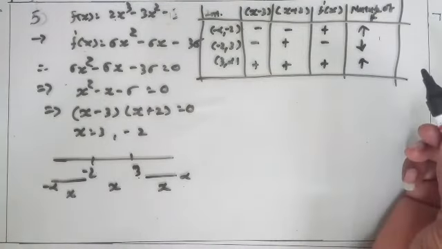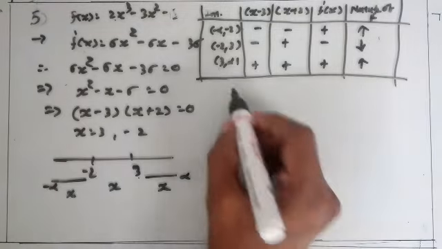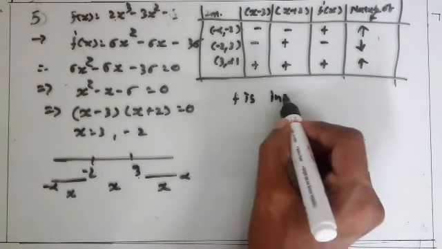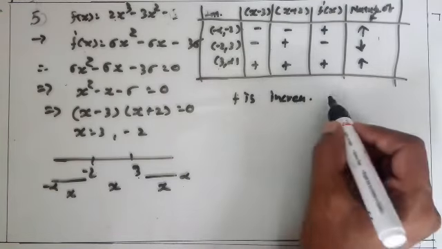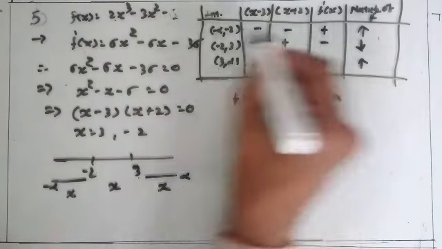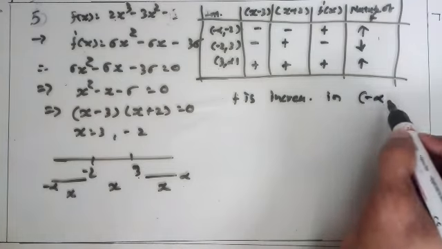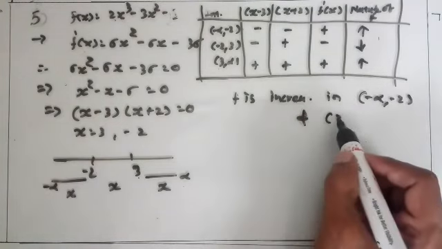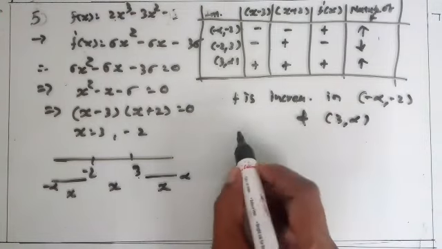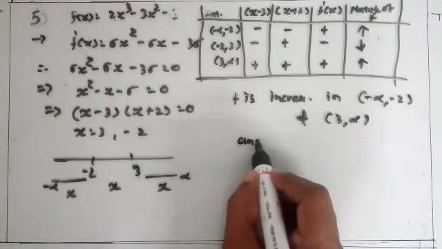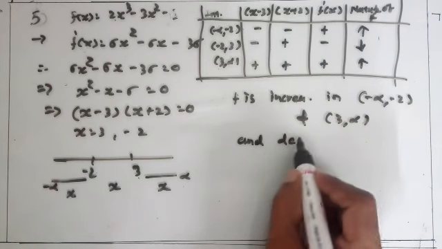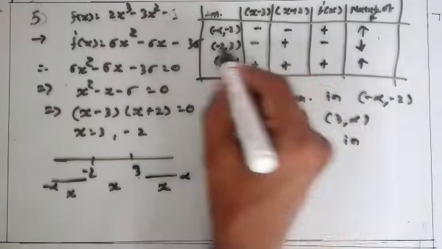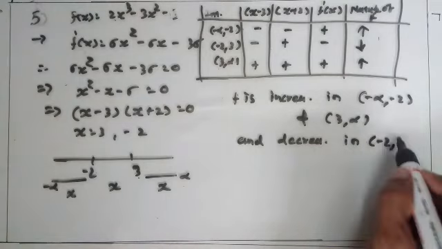Okay. So f is increasing in which interval? Minus infinity to −2 and 3 to infinity, and decreasing in only one interval, −2 to 3.